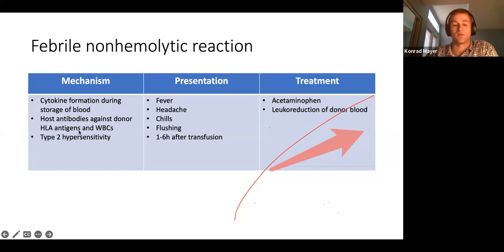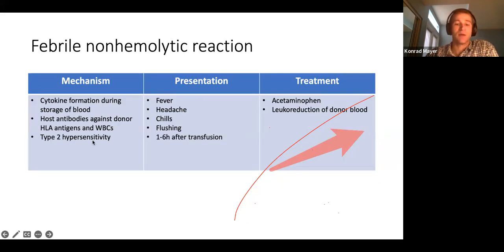They are very important when it comes to kidney transplants and solid organ transplants, not so much in blood transfusions, but incompatibility can cause this febrile non-hemolytic reaction.